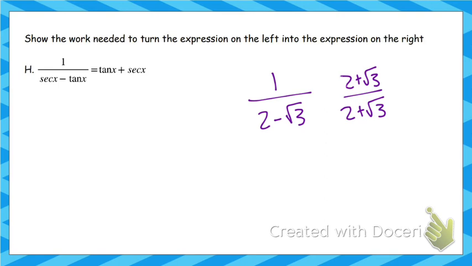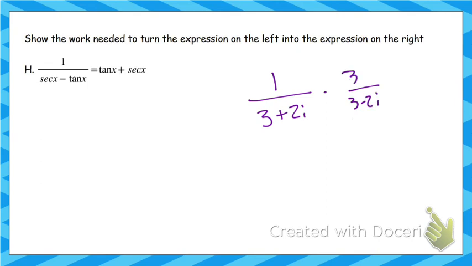So that's why we like to do this and why it's really helpful. The other place you might have seen this, on level might not have done this, but I'm pretty sure honors did. At least my classes did. What you would do is again multiply by the conjugate here. So you would multiply by 3 minus 2i in order to get rid of those things, because again, it makes those middle terms cancel out.